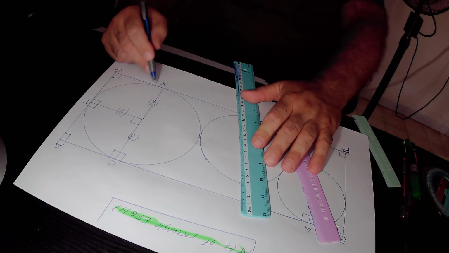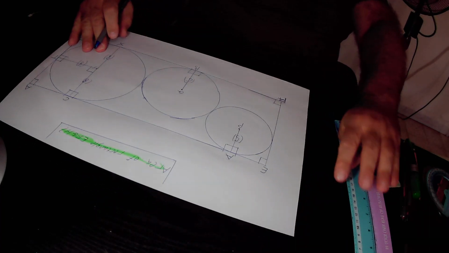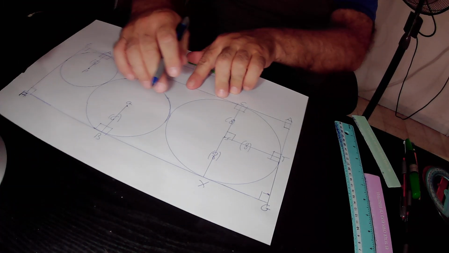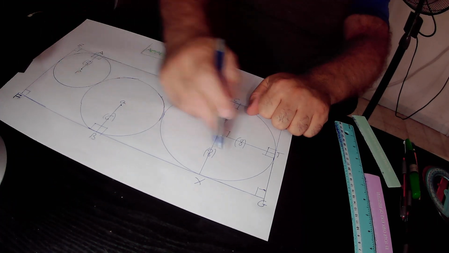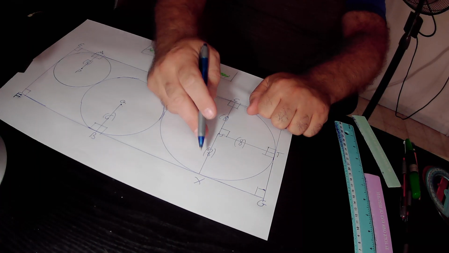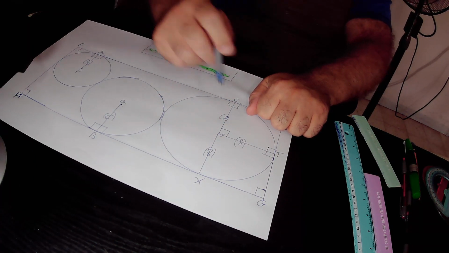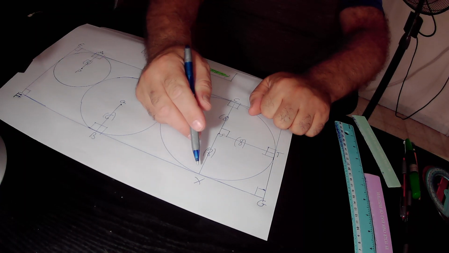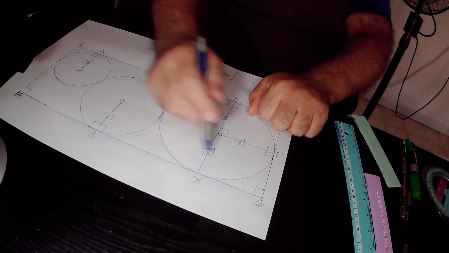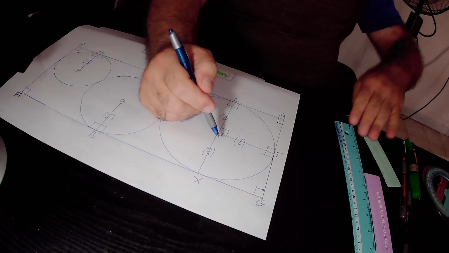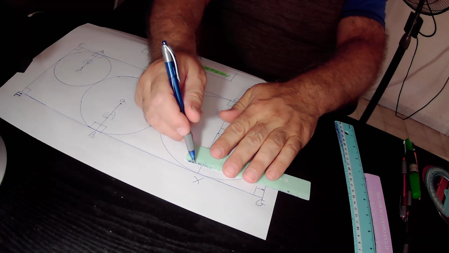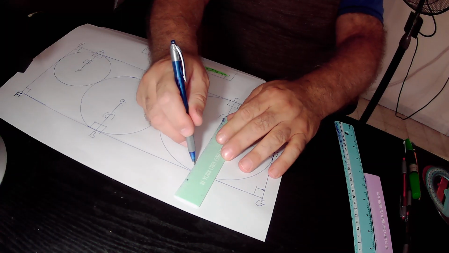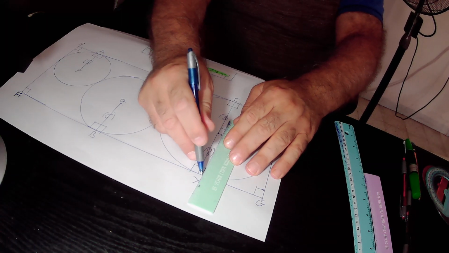The radius SX, equal to 8, is drawn to point X, that is the point of tangency of tangent FG with this big circle. And whenever a radius is drawn to the point of tangency, then tangent FG will be perpendicular to the radius XS. If FG is perpendicular to XS, it means that this angle equals 90 degrees, and this angle also equals 90 degrees according to the sum rule, rule 1.